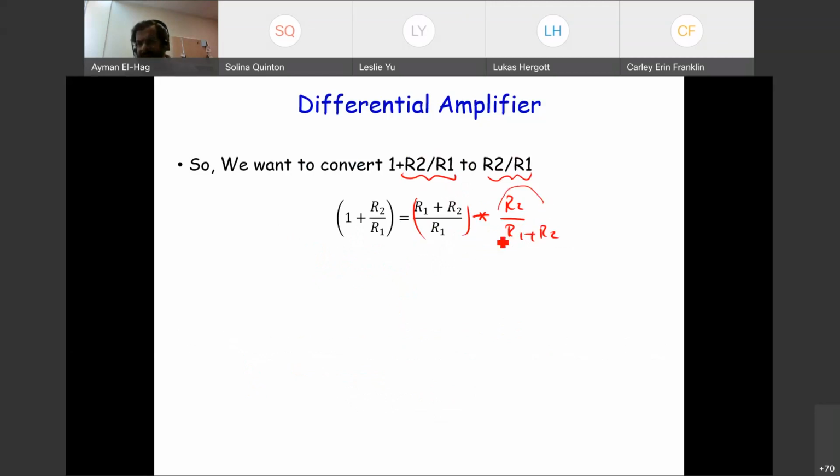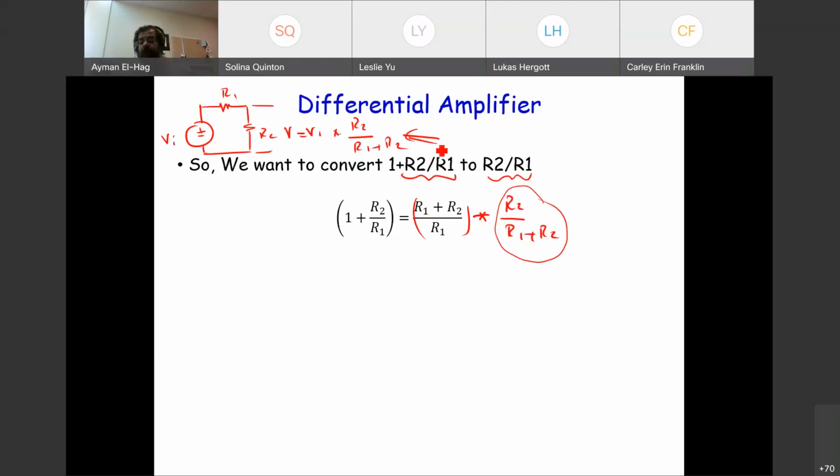So this looks somehow familiar. R2 over R1 plus R2. This is nothing but a voltage divider. Remember, when we have a voltage source and we have R1 in series with R2, this output voltage here, V, is equal to your V input times R2, divided by the summation of the two, R1 plus R2, which is what we want.